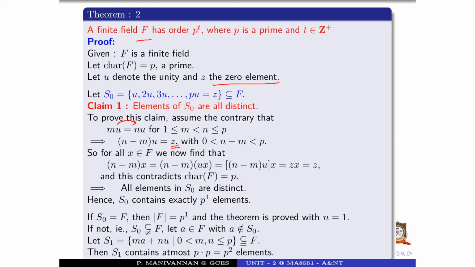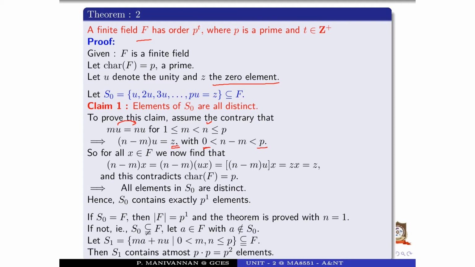With n greater and m smaller, n minus m lies between 0 and p, not equal to 0, since n is the greater value and m is the lower value of these two. So for x belonging to F, we now find that n minus m times u multiplied with x. What is the result?